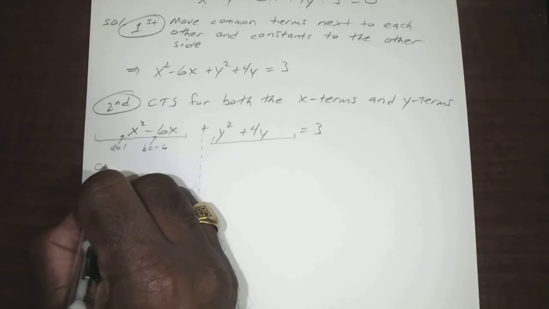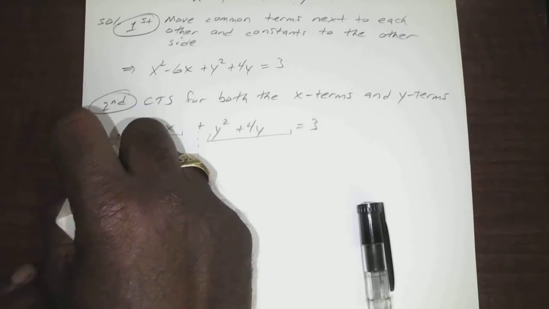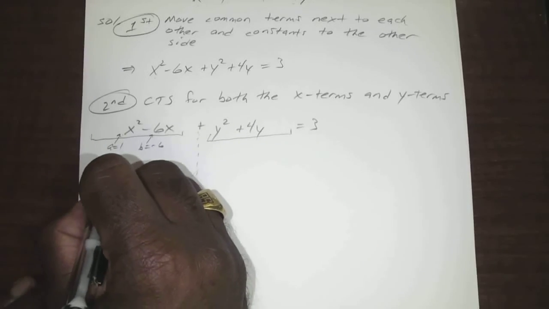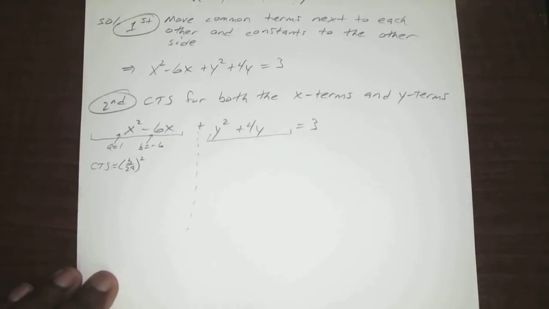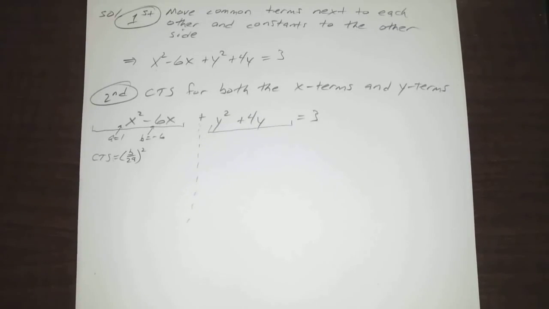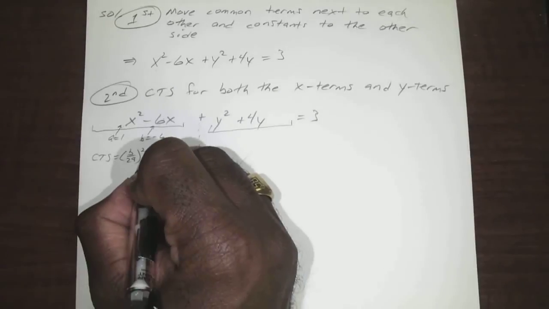Okay, so we know our completing the square formula is b divided by 2a squared. So that means it will be negative 6 divided by 2 times 1 squared.